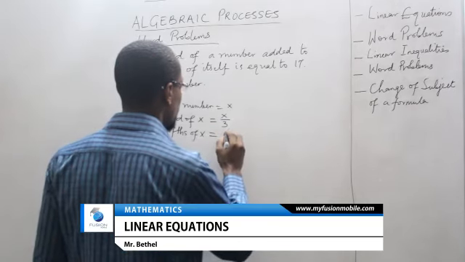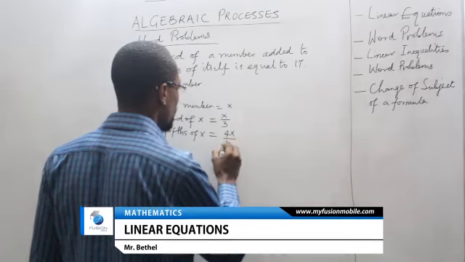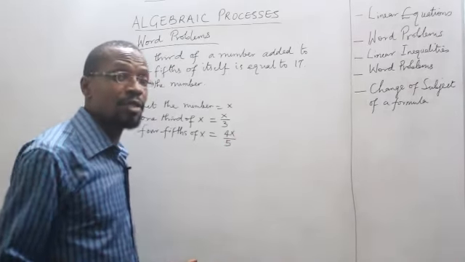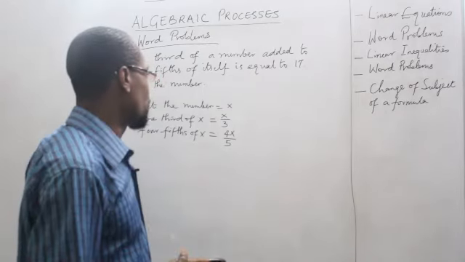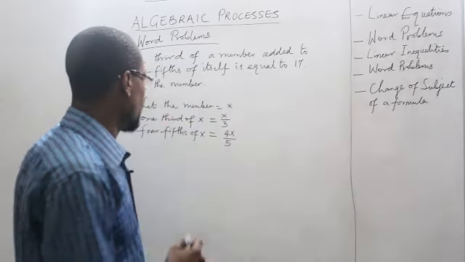Four-fifths of x is equal to 4x over 5, or you can say 4/5x. So when we add both this and this, we'll get 17.